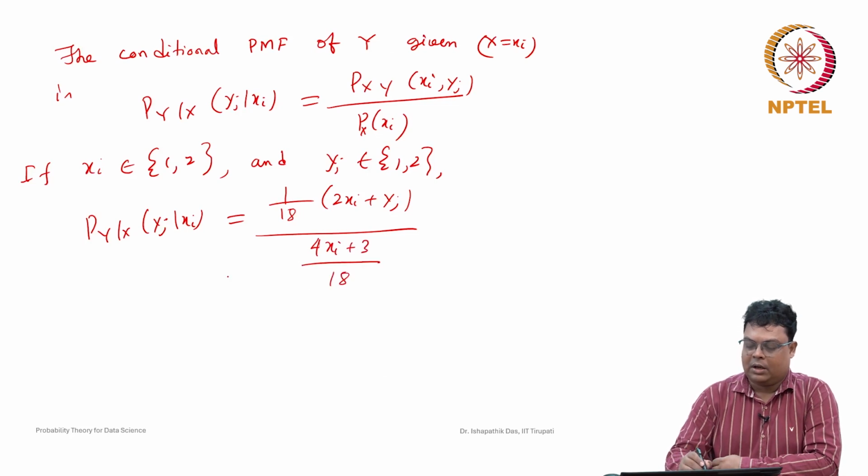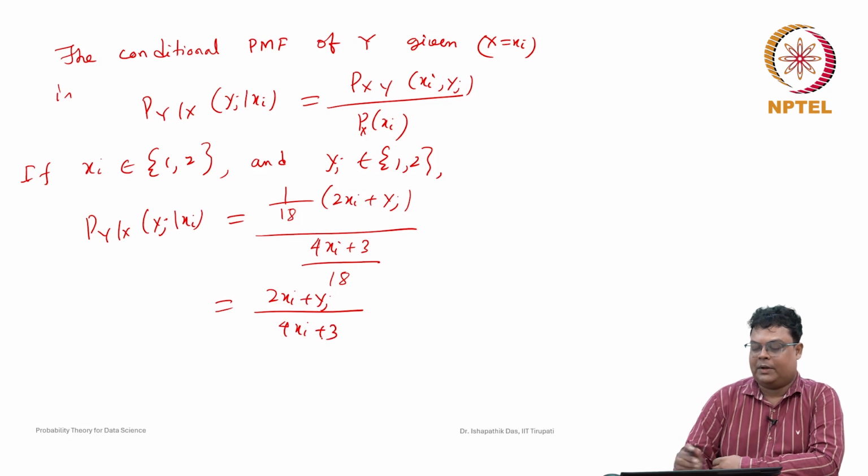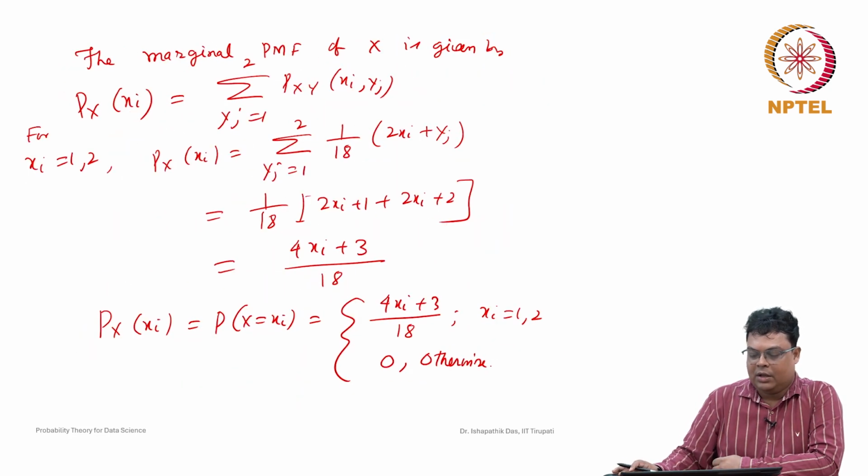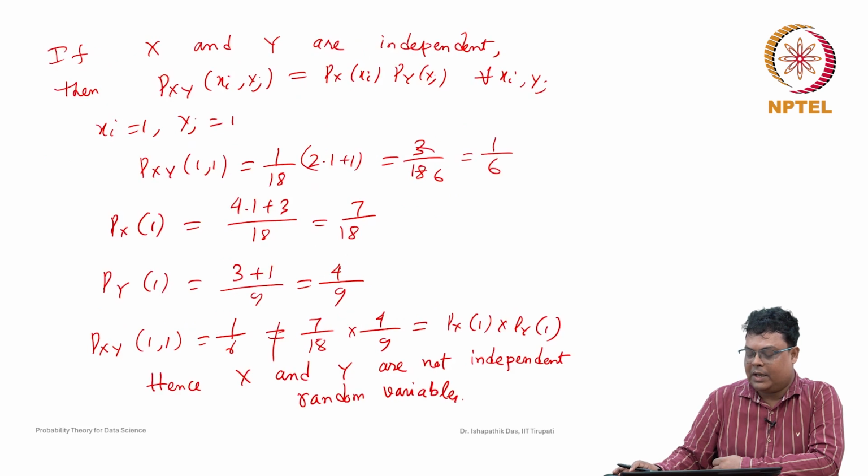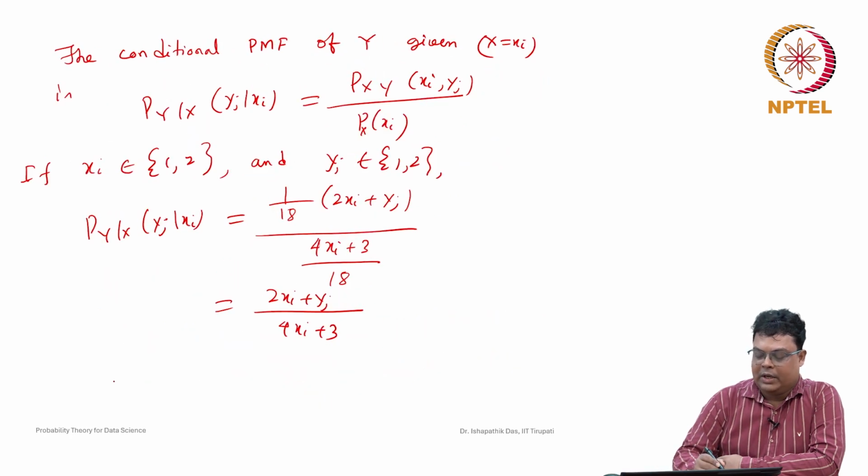So the 18 cancels, and we get (2xi plus yj) by (4xi plus 3). Let us check whether it is correct.